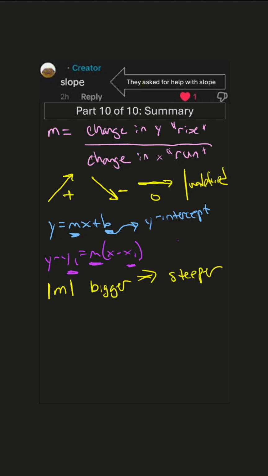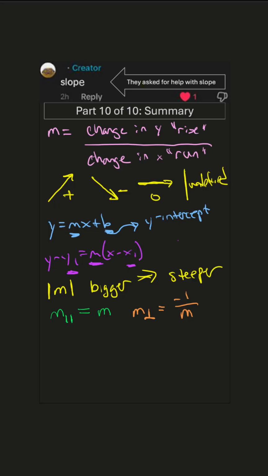So this is the symbol for a parallel slope. So if a line is parallel to another line, then m parallel equals m. They have the same slope. Okay, but if 2 lines are perpendicular, we use this symbol for perpendicular. m perpendicular equals -1 over m. So it's the negative reciprocal.